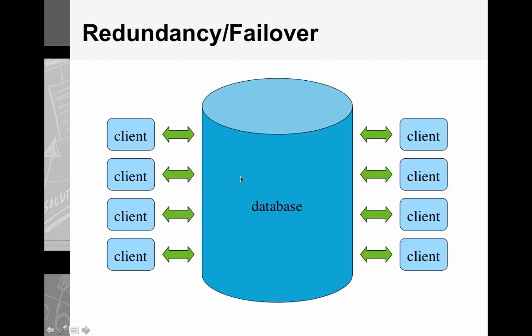Let's look at that. So let's say that you have clients. These are your client applications. These client applications are application servers that are connected to the database, or they can be standalone clients. So let's say that there are many clients that have connected to the database and everything is hunky-dory, everything is working fine. Suddenly something happens and the database is on fire.